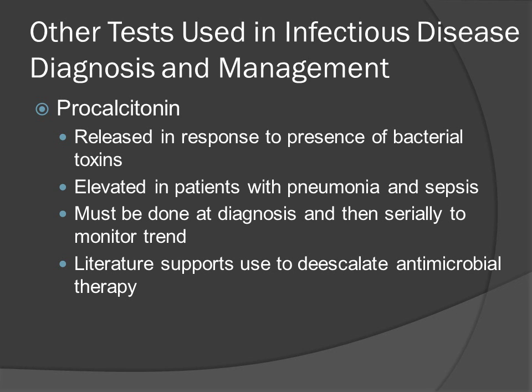Procalcitonin is a test that we're looking to use more here at Ingalls. It's released in response to the presence of bacterial toxins. It's elevated in patients who have pneumonia or sepsis, and it must be done at diagnosis and then serially to monitor the trend.